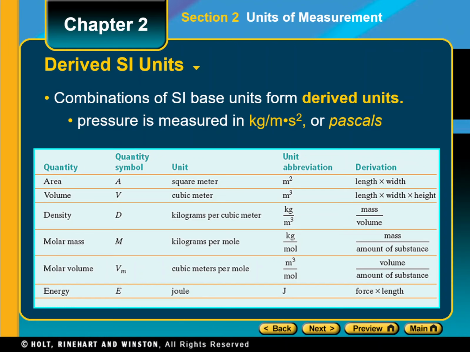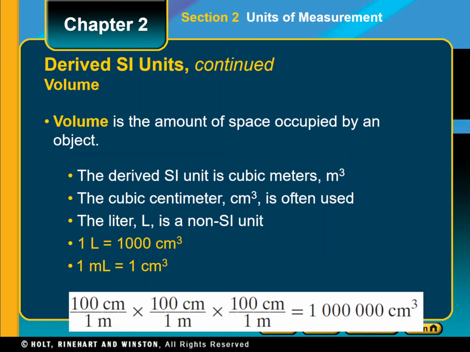Volume. Volume is the amount of space occupied by an object. The derived SI unit of volume is cubic meters, or m to the third power. 1 cubic meter is equal to the volume of a cube whose edges are 1 meter long. Such a large unit is inconvenient for expressing the volume of materials in a chemistry laboratory.